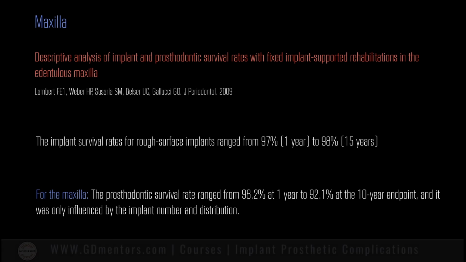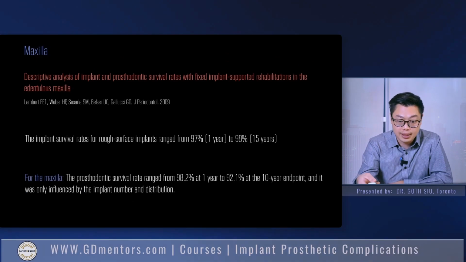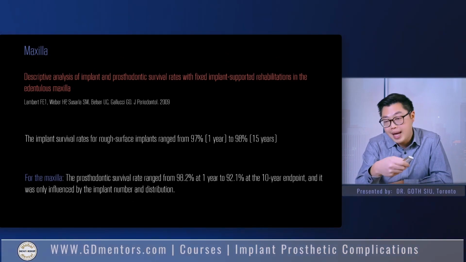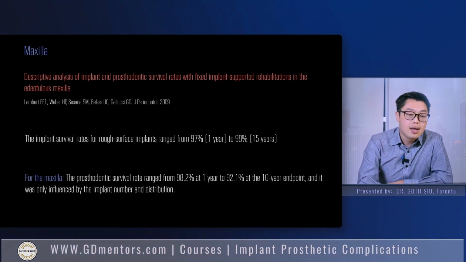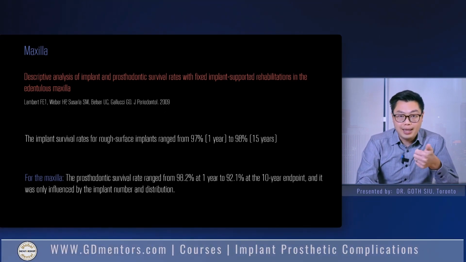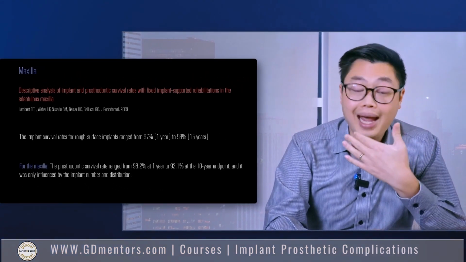The prosthetic survival at 1 year is 98%, and 92% at 10 years, and it was influenced by the number and distribution of the implants. So it may make sense to put more than 4 implants on the upper jaw, even if the front implant doesn't do much work. But don't forget that there's anterior cantilever.